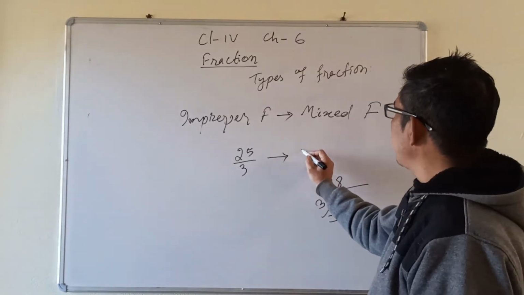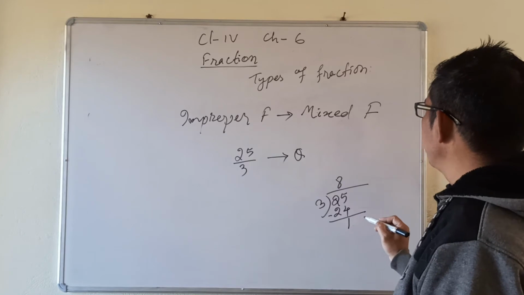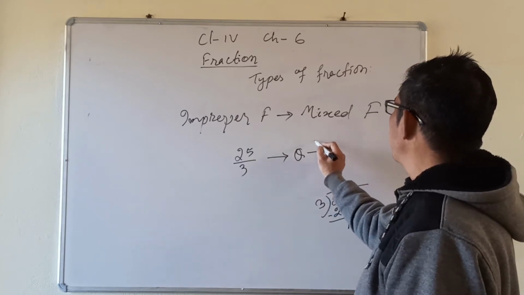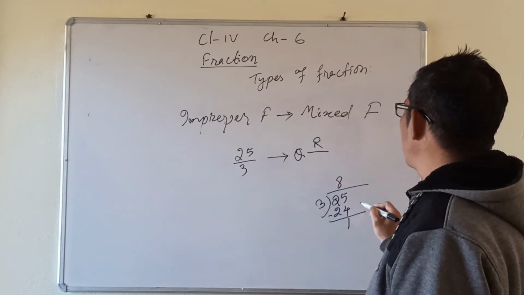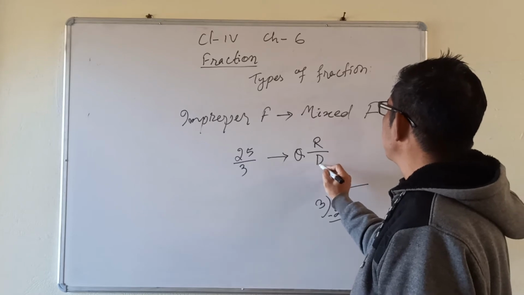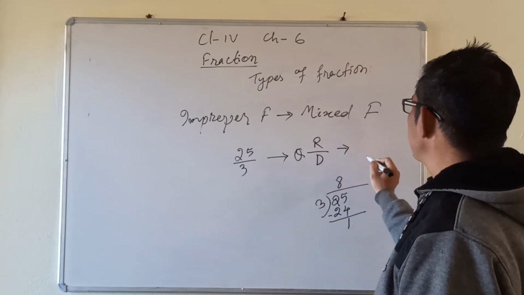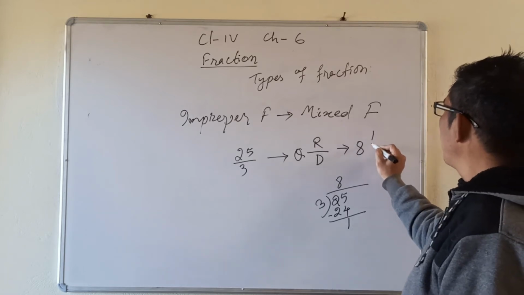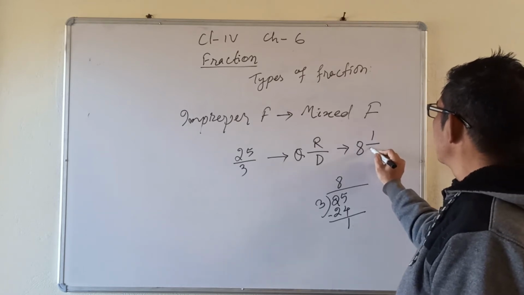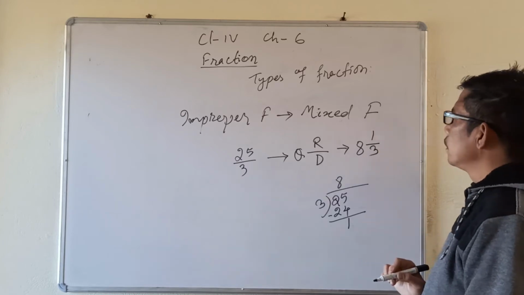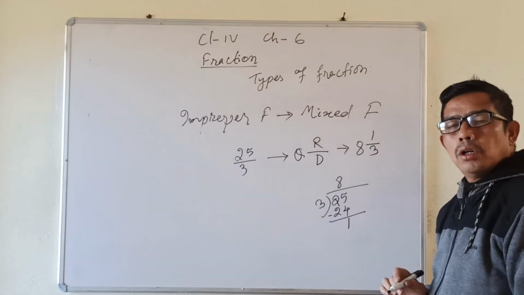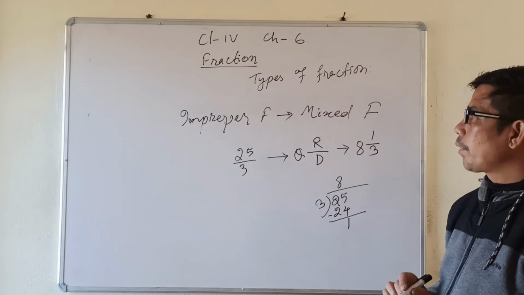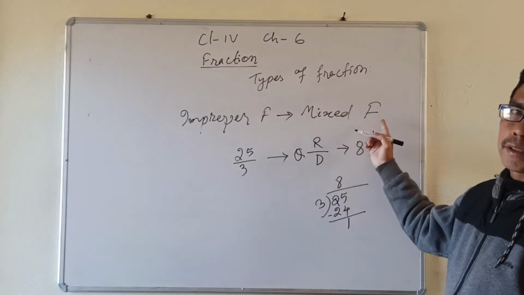Then this quotient should be written at the beginning, and here the remainder, and here the divisor. That is, this gives 8 whole number 1 upon 3. So this is the way how to change an improper fraction to mixed fraction.